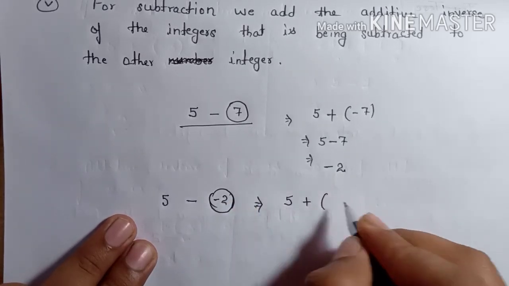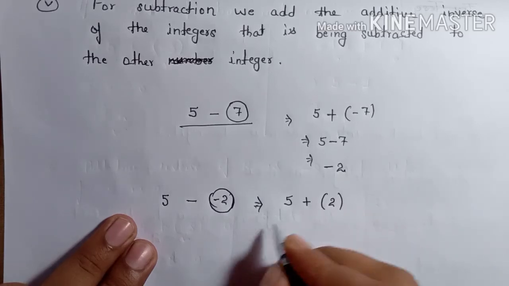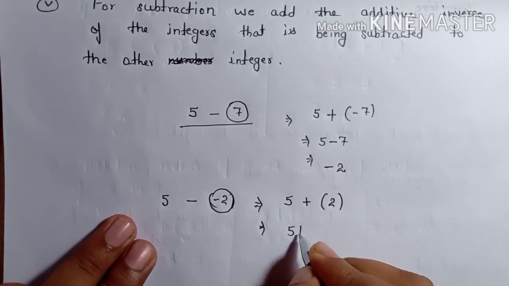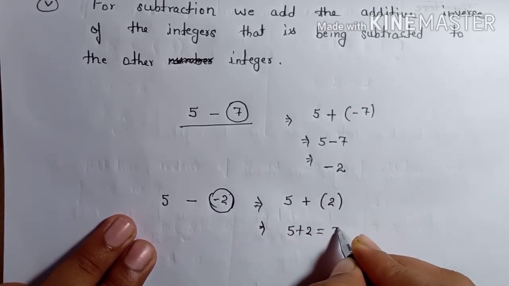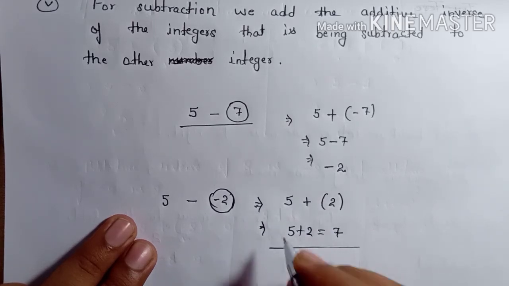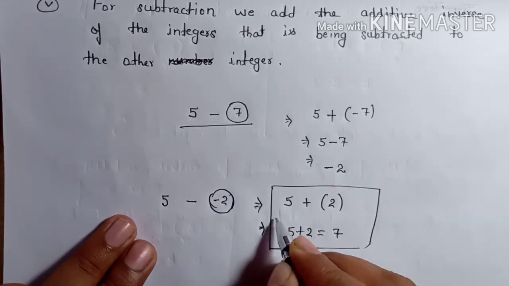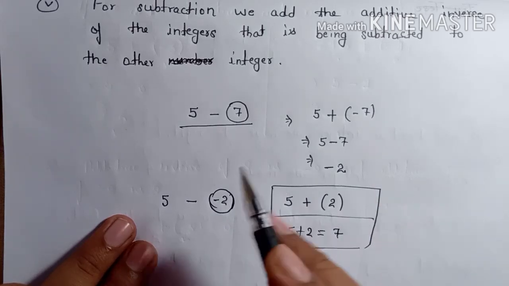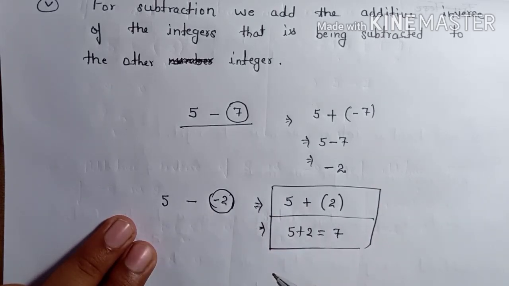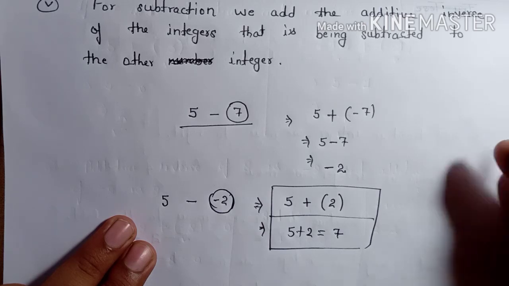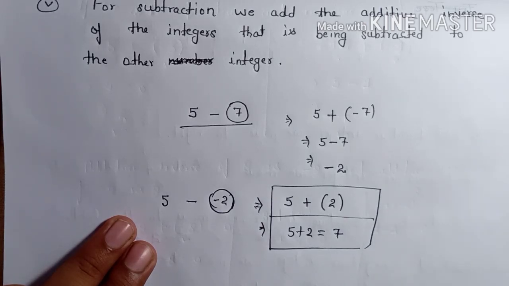So the additive inverse of minus 2 is 2, and the result is 5 plus 2, that is 7. So these are the methods here. When you want to subtract two numbers, you have to add the additive inverse of the integer that you want to subtract to the other integer. Okay, so we will start our first exercise 1.1 now.